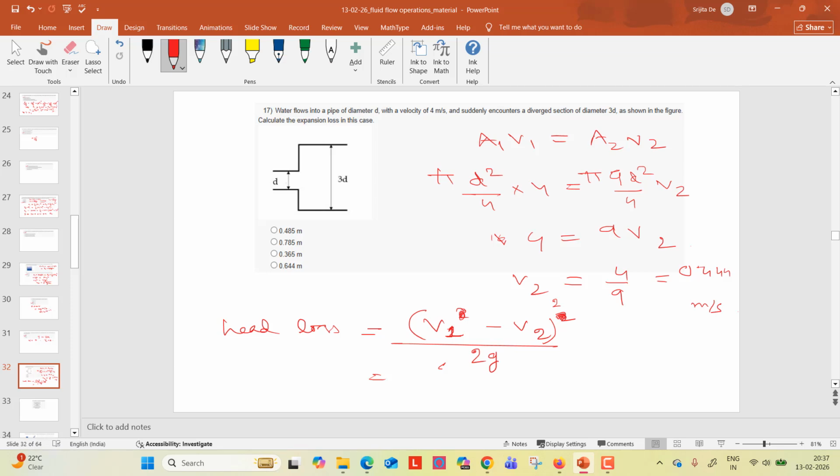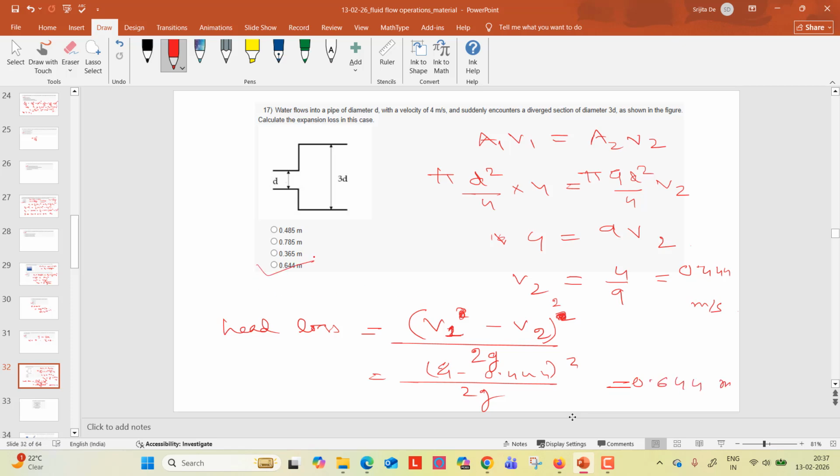So it is 4 minus 0.444, whole squared, by 2g, which equals 0.644 meter. So it is option D.